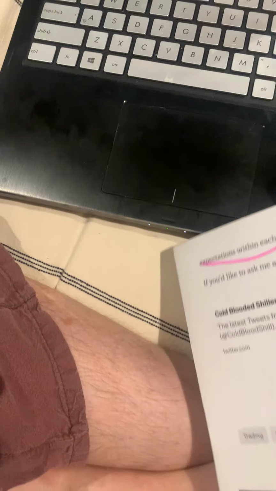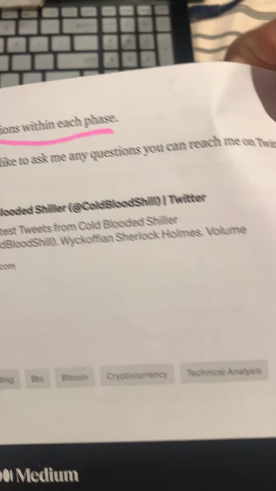And our last page, ladies and gentlemen, is this: expectations within each phase. So this was distribution. If you're still watching this video, I know there are like one or two people that do watch this video, or they wait till the end. They know there's something good, because there is.